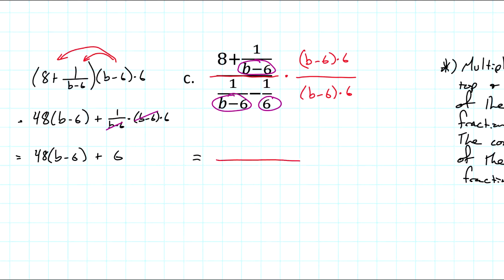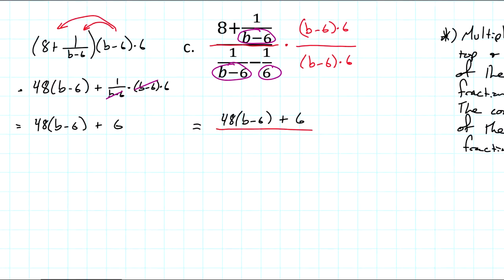Keep my big fraction bar here. On top we now have 48 times b minus 6 plus 6. On the bottom, we had a 1 over b minus 6 minus 1 over 6. And we want to distribute b minus 6 times 6 across this.